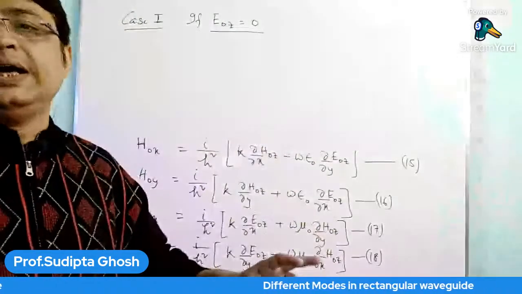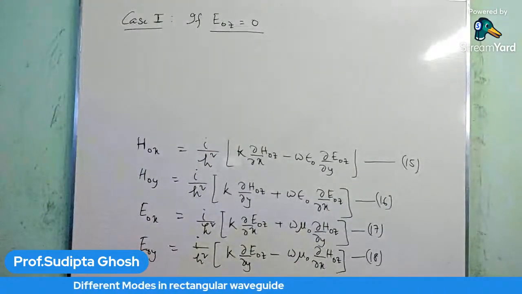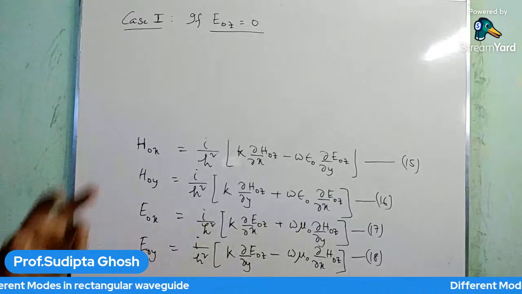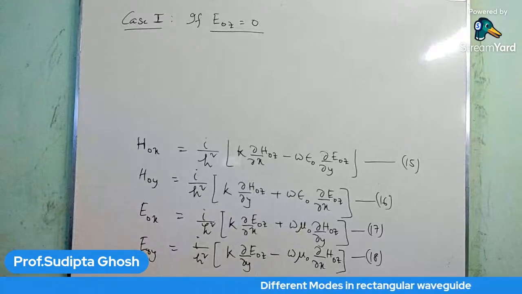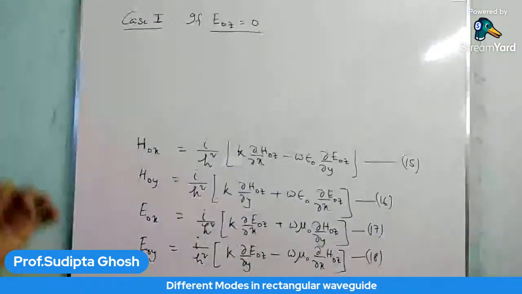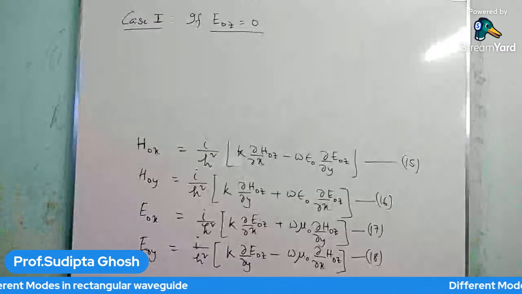So the entire field can be determined by the component HOZ, and for this particular reason, these waves are called H waves.